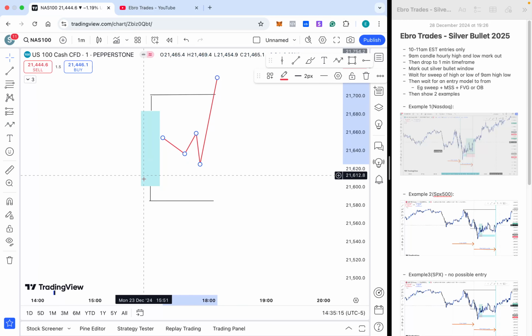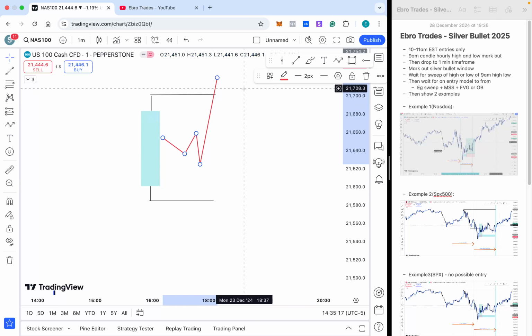Now, once the high or the low is swept, we are going to wait for an ICT entry model to form, and then we are going to enter a trade targeting the opposite level of liquidity. So if the high has been swept, we are waiting for a setup that targets the low. If the low has been swept, we are waiting for a setup that targets the high.